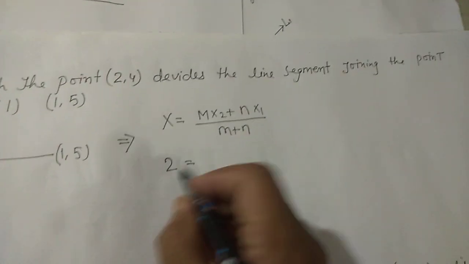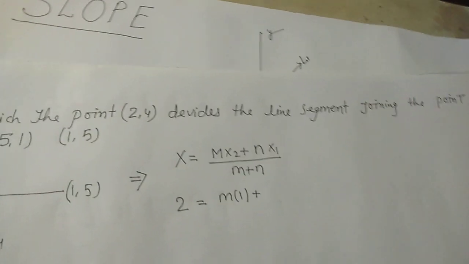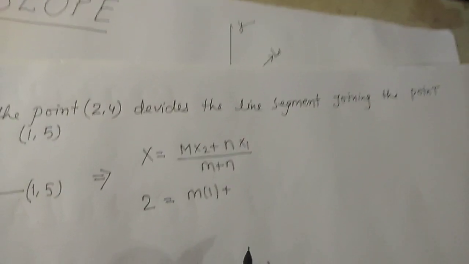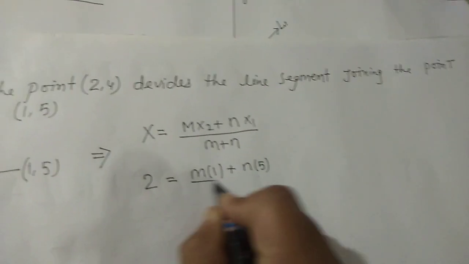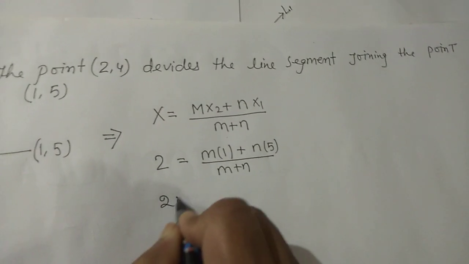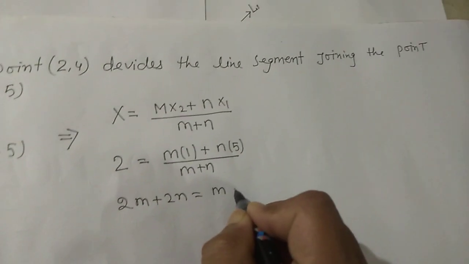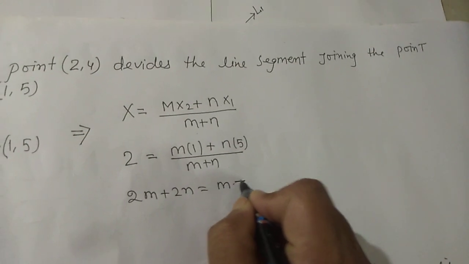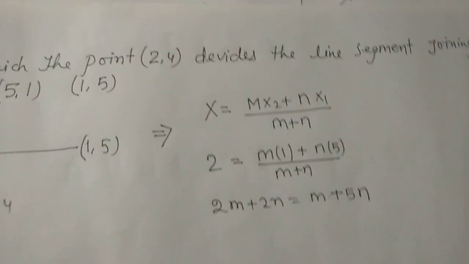M is not given. So 2 equals (m into 1 plus n into 5) upon m plus n. So this is 2m plus 2n is equal to m plus 5n.